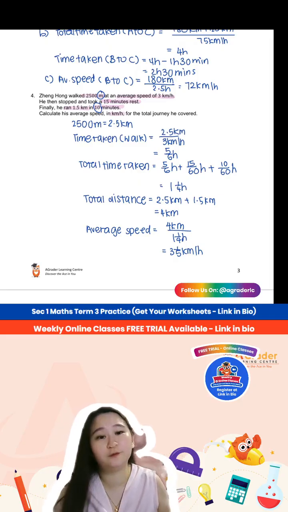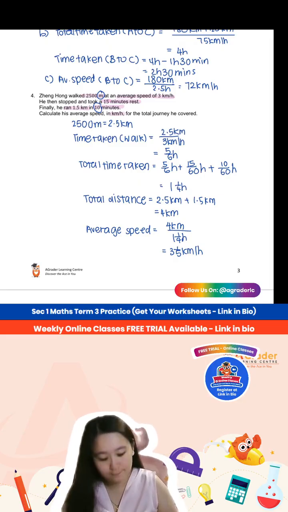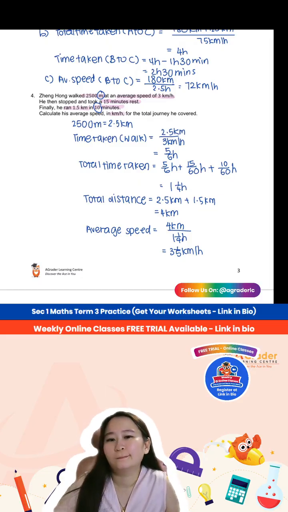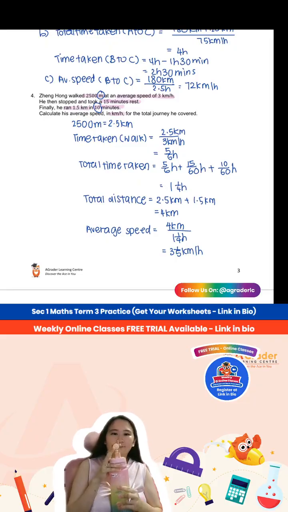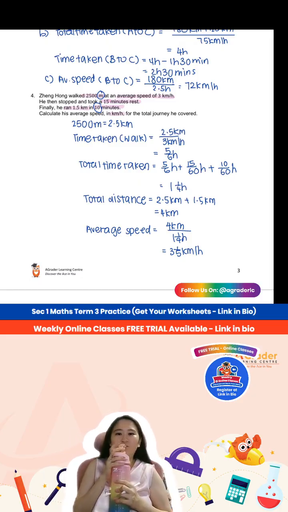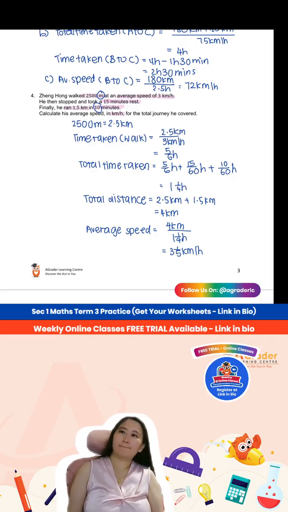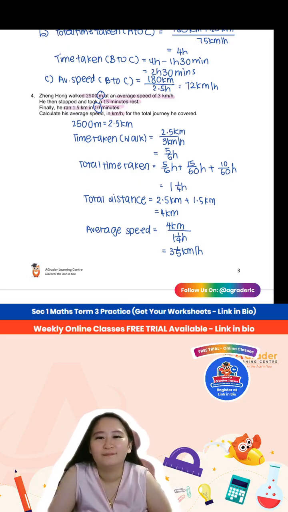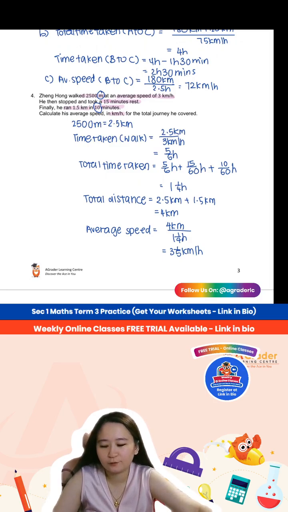We'll get 3 1/5 kilometers per hour. Those who are done can move on to question 5.